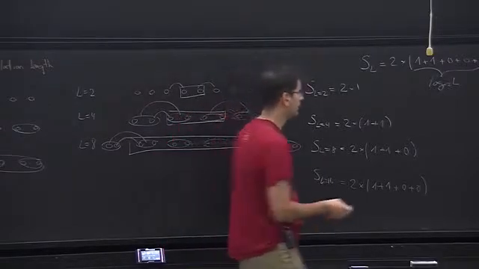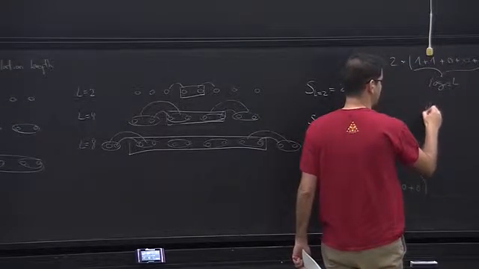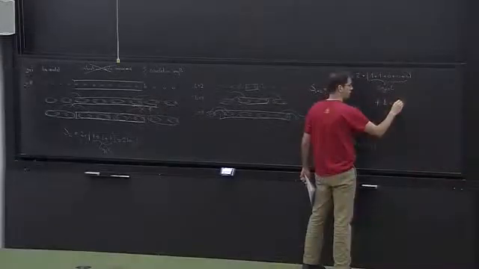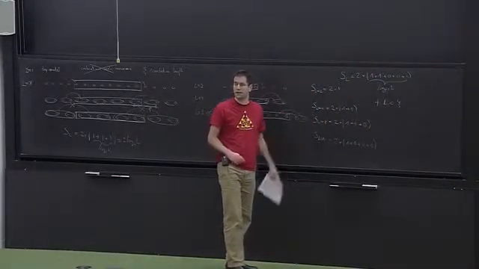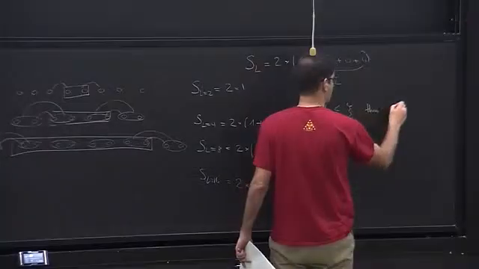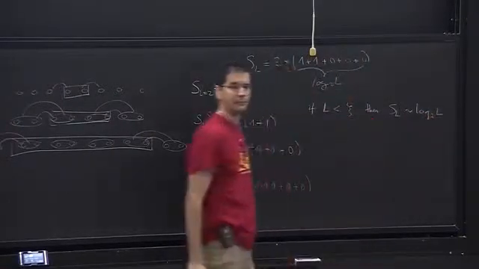What we are saying is that in this case, if the length of the interval is smaller than the correlation length, we still have the same behavior as in the critical case. What we find is that S of L is proportional to log of L.